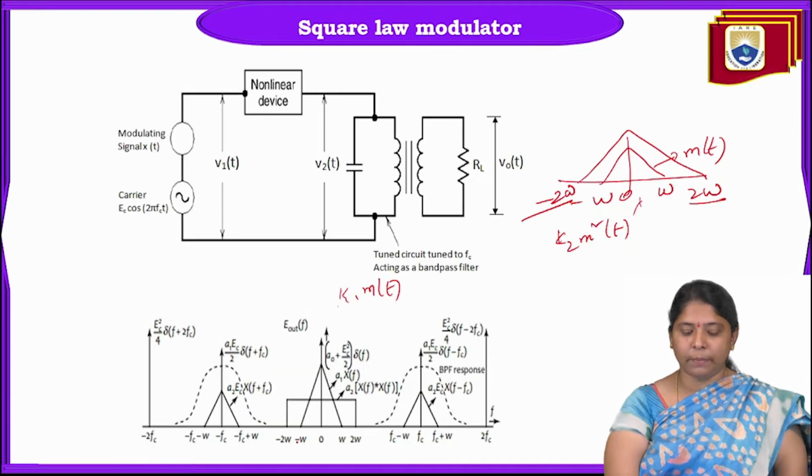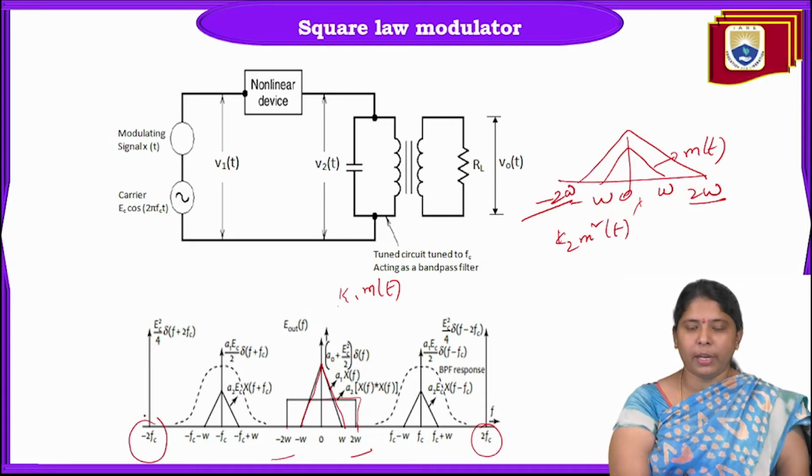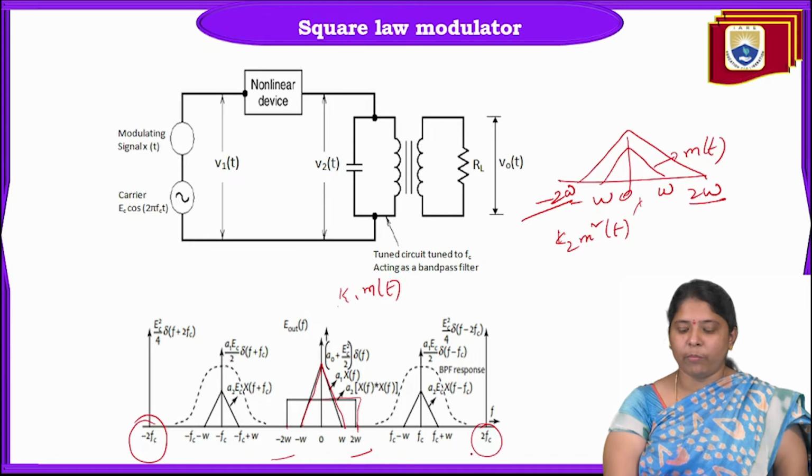So this is the spectrum of the 4 terms. The first term is the message, M of t spectrum, this one. And this is the M square of t spectrum. It occupies from minus 2W to plus 2W. And we have one more term, the carrier Ac square by 4 cos 4 pi fct. 4 pi fct means its spectrum occupies 2fc and minus 2fc.